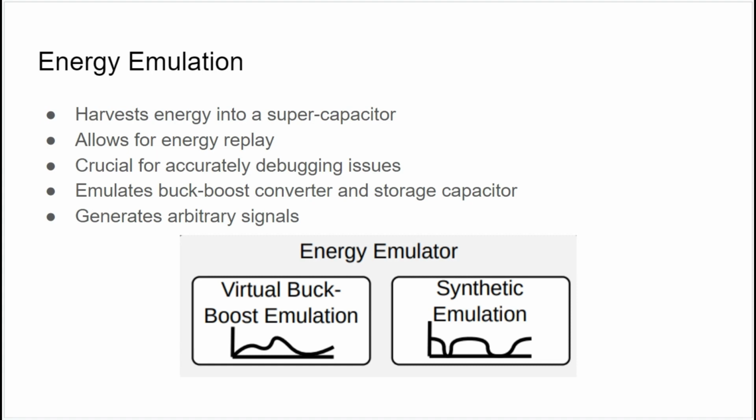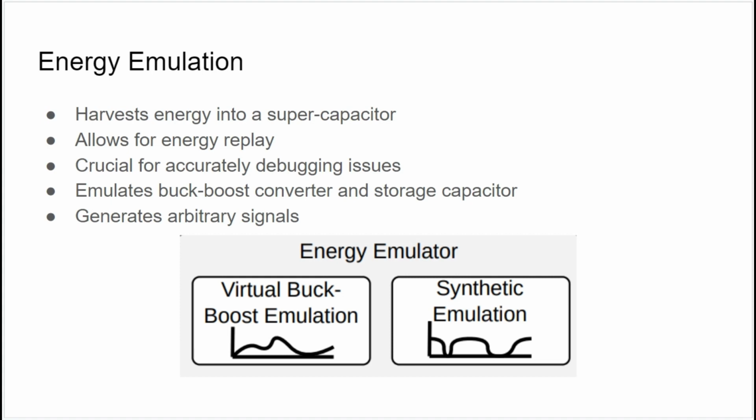You're able to take a record of the environmental energy in one area, and then use that to replay it for this emulation tool. It also allows developers to take into account different realistic scenarios that you may potentially encounter. This mimics the buck boost converter and a storage capacitor, and this is from Texas Instruments.